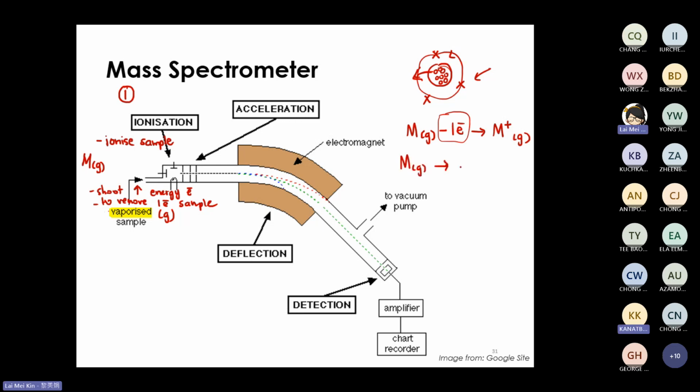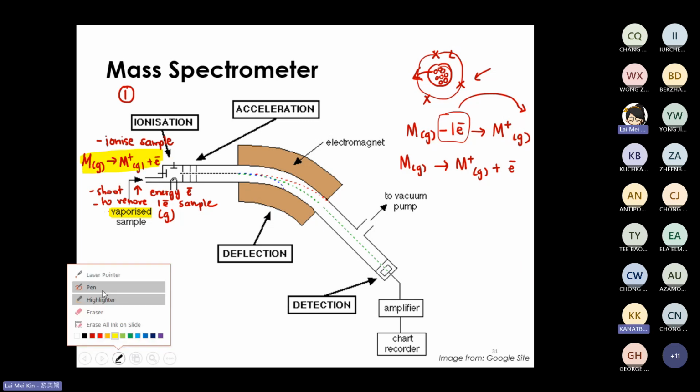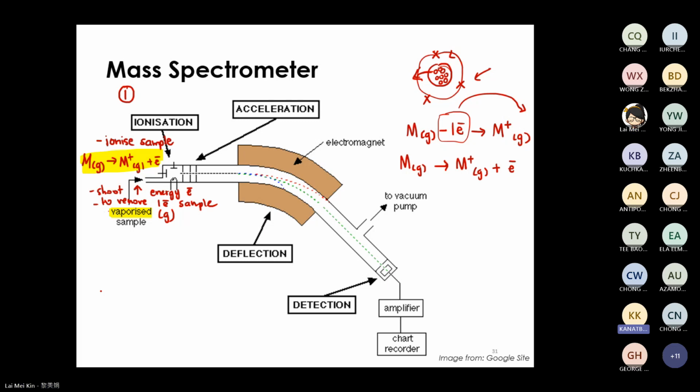No. We normally write it in such a way that we put it here, so minus becomes plus electron. All right, so this will be the equation: M+ (g) plus electron. So this is the first stage, ionization. I shoot high energy electrons to remove one electron from the sample. So this is the equation.